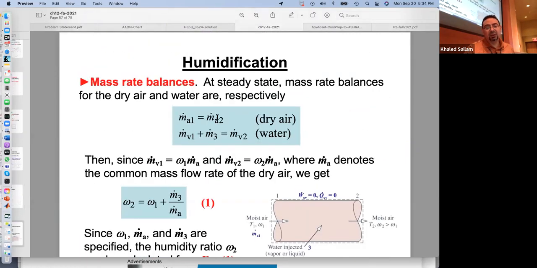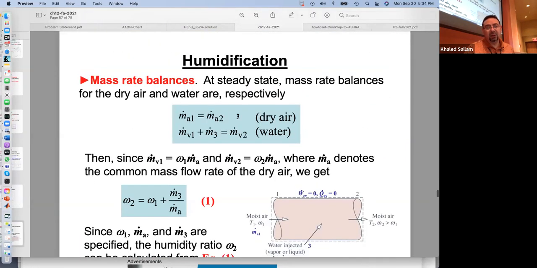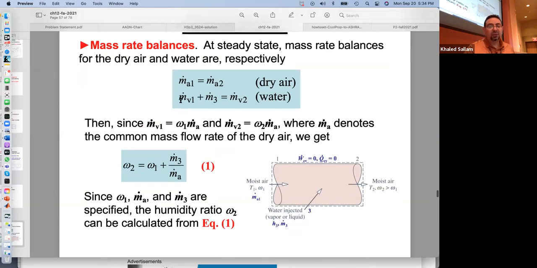Okay, so you write the continuity for the air in equals air out, and water. So m dot vapor plus m dot 3 equals m dot vapor, and when you realize that m dot vapor is W m dot air, and then you divide over m dot air, this continuity equation becomes W2 equals W1 plus this, or simply W2 minus W1 is m dot 3 over m dot air. Okay, so that's the first equation.